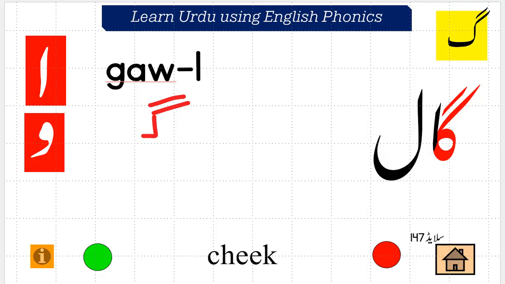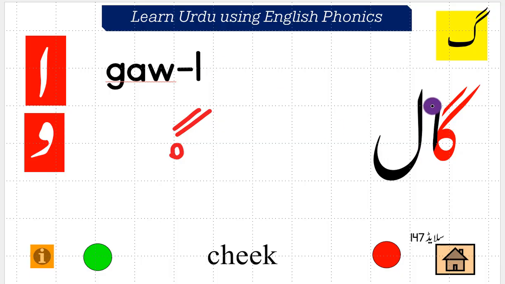How does this joining form work? Let's learn. We put a circle like this, then we put two sticks, so that is the sound ga. We put a circle like this, and then we put a stick like this. That's the sound ga. That's the joining form in the beginning.